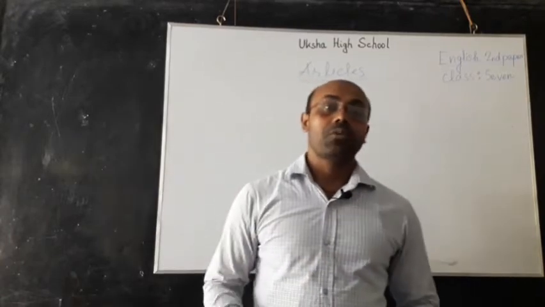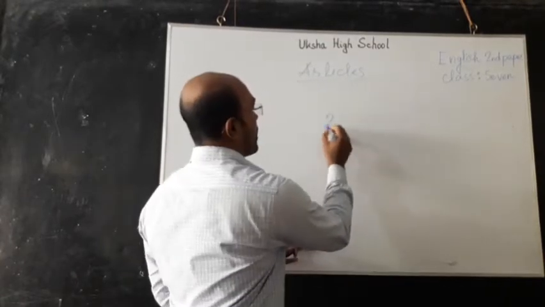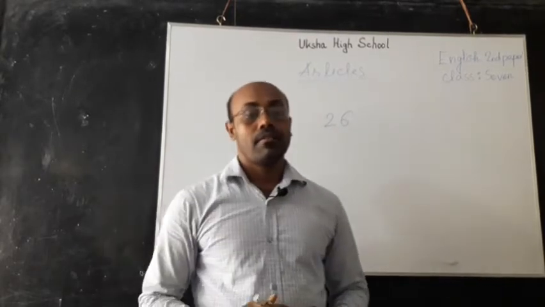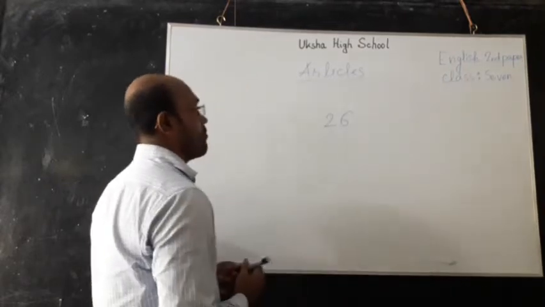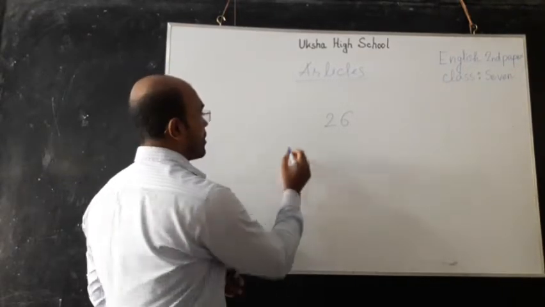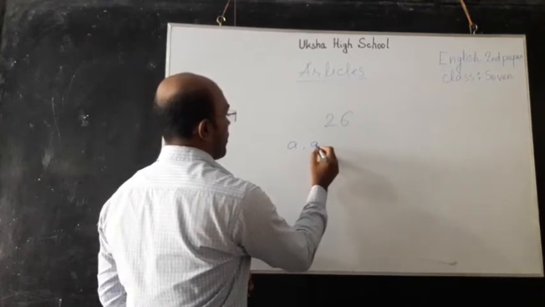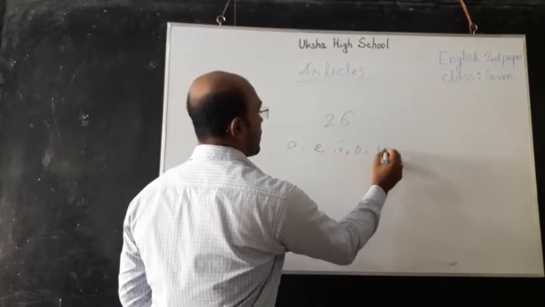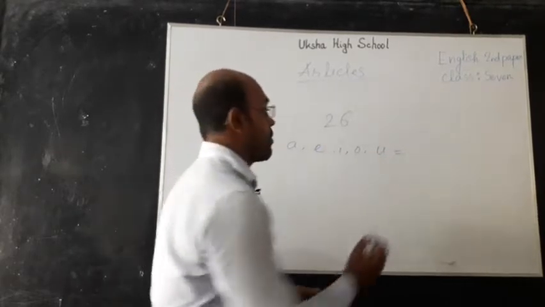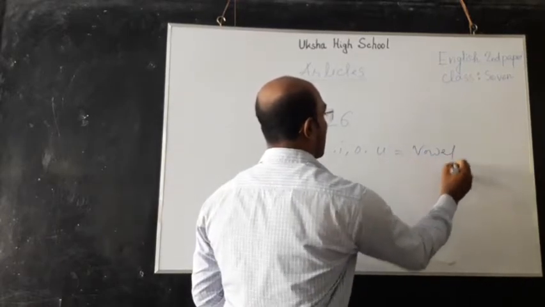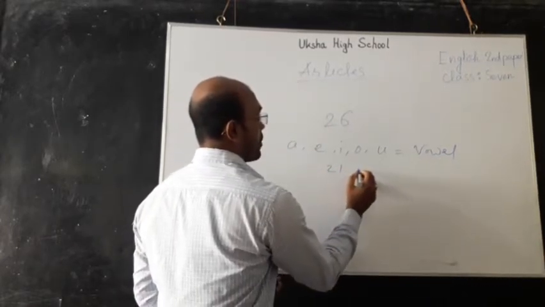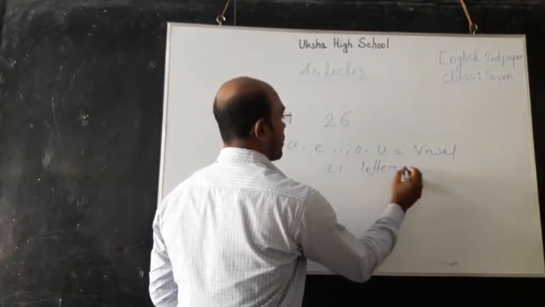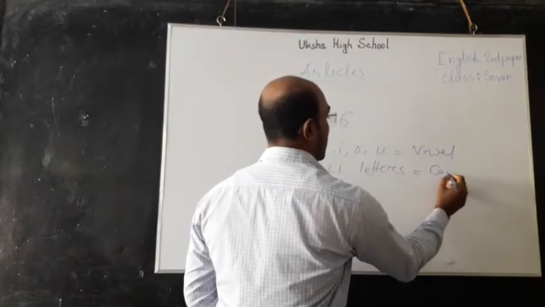Dear students, you know that there are 26 letters in the English alphabet, and A, E, I, O and U are vowels, and the other 21 letters are consonants.